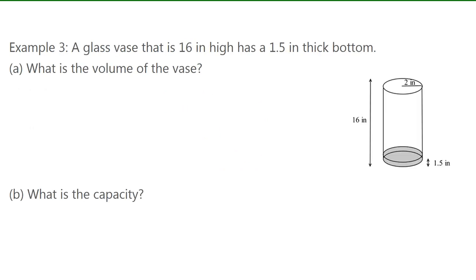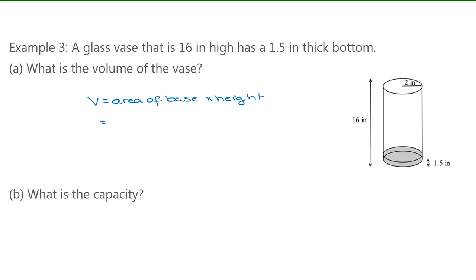Now for example 3, it says a glass vase that is 16 inches high has a 1.5 inch thick bottom. What is the volume of the vase? Now volume is how much space it occupies. So if I multiply the area of the base times the height, I'll get the volume of the vase.